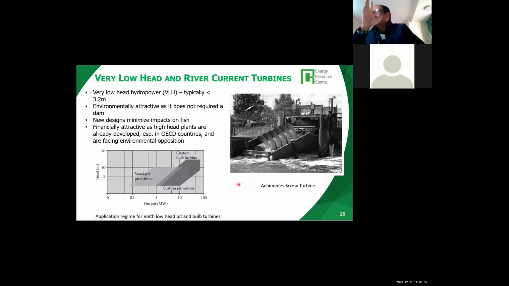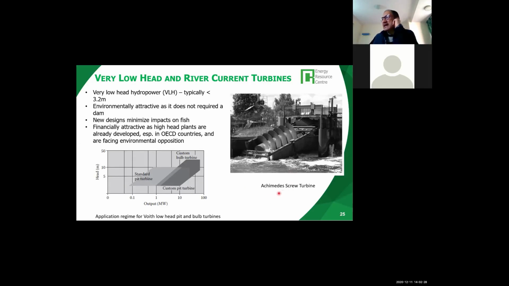And basically, nowadays, I did not introduce that in the previous lecture, but I would also like to briefly mention that there are very low head and river current turbines that are now in practice.